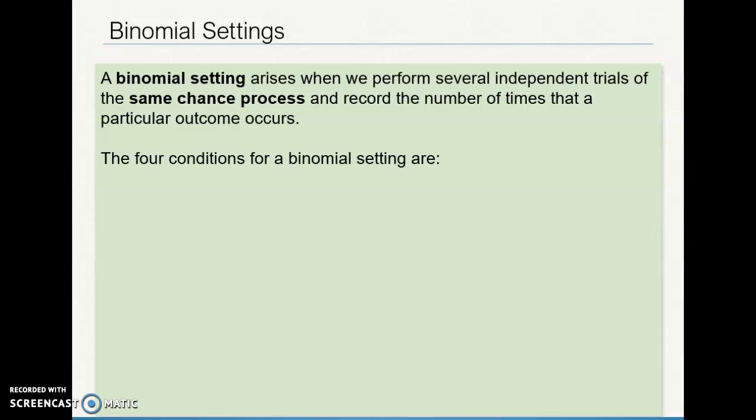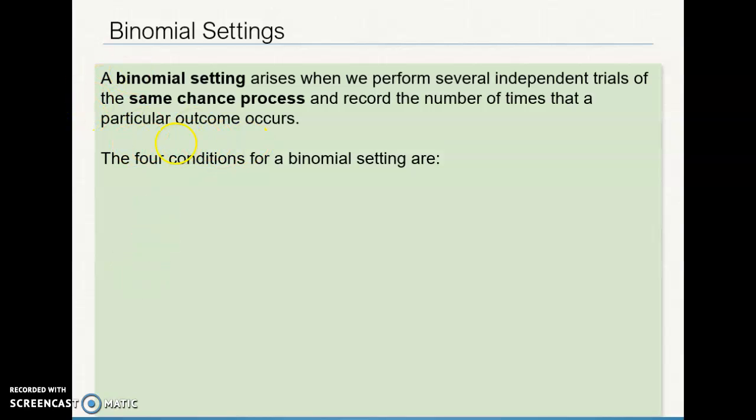When I say same chance process, that means I'm standing in the same spot, shooting that basketball over and over again. So I have the same chance of making it because I'm standing in the same spot. And we're going to record the number of times that a particular outcome occurs. So we're going to record whether it makes it in the hoop or does not, or in this case, we might say how many times we make it in the hoop.